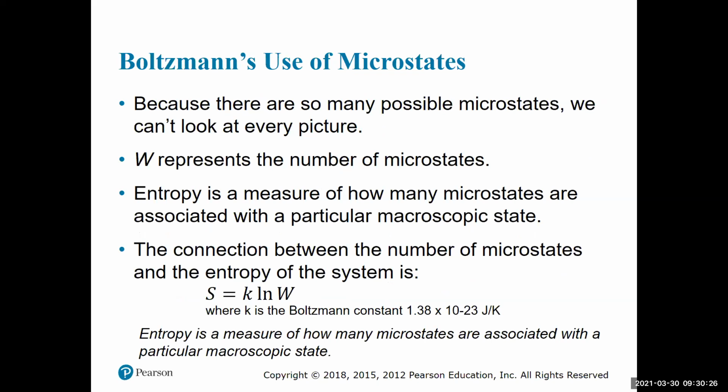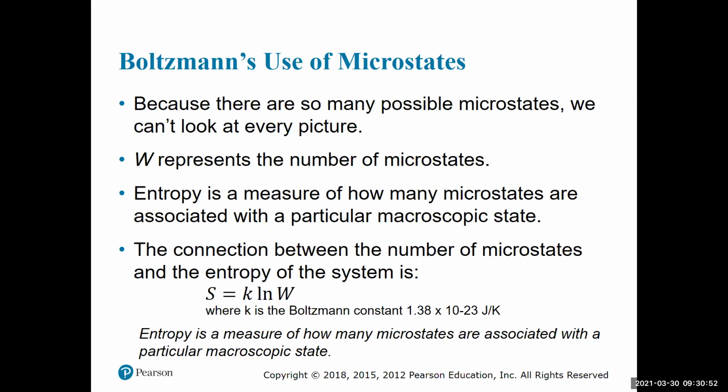And entropy, remember our randomness, is simply the measure of how many microstates are associated with a particular macroscopic state, okay? So you see some macroscopic state, something that happened, that's composed of all these little tiny microstates added up to give you that one big event.